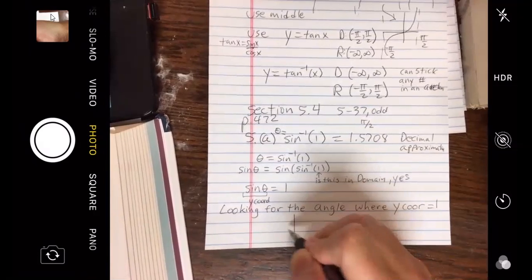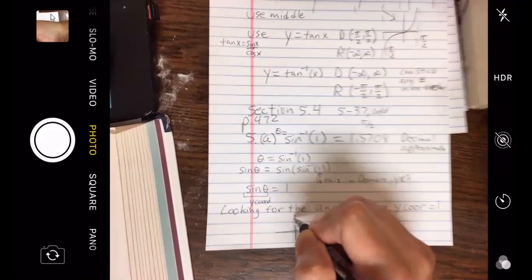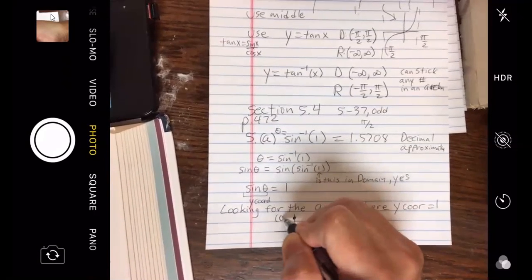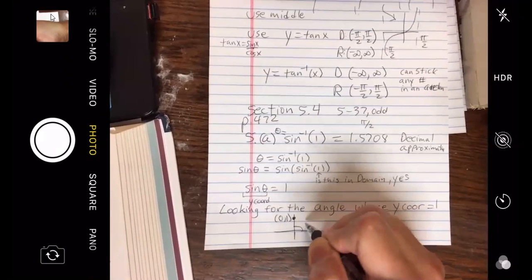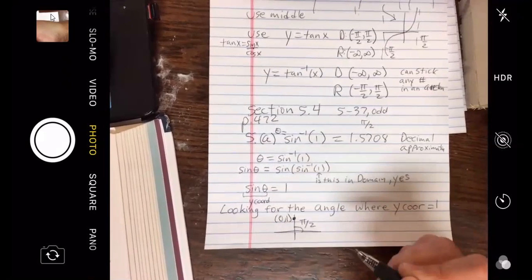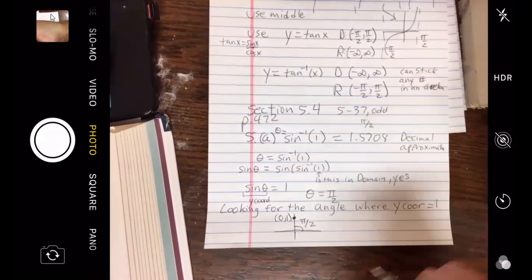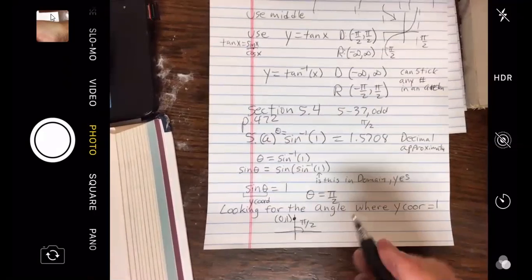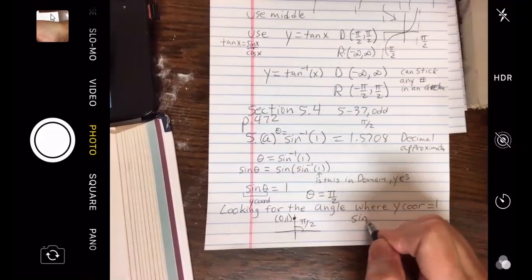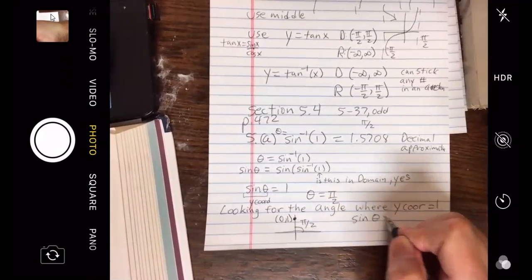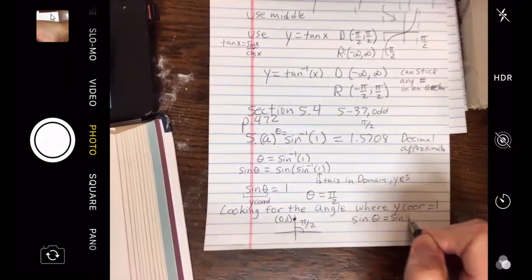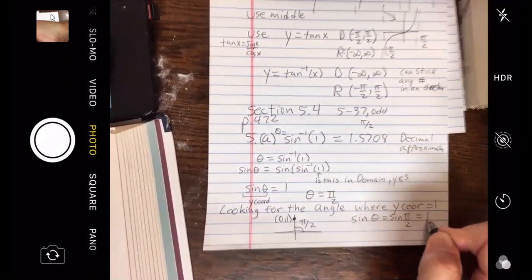Quick draw on the circle. Remember, up at the top, you're at (0, 1). That angle is pi over 2. So theta equals pi over 2, and the sine of theta here in this case is sine of pi over 2, equals 1.